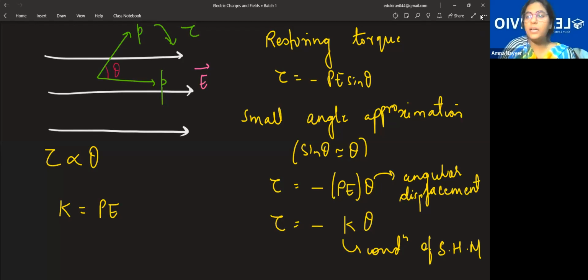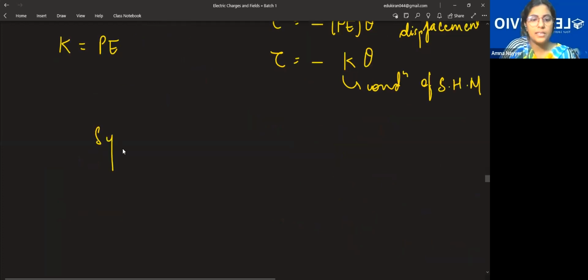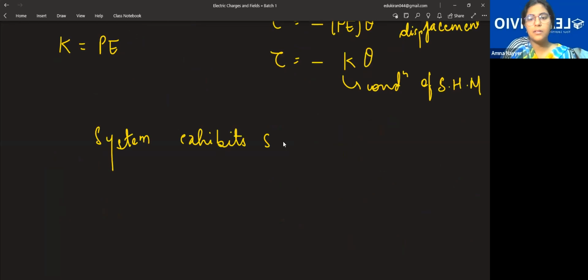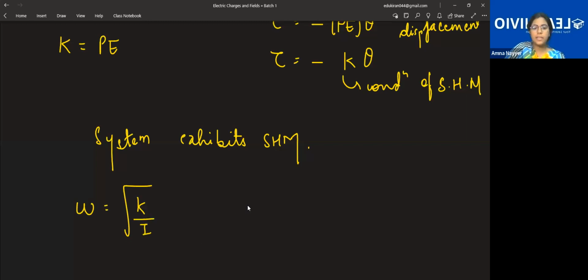Firstly, this is clear that the system exhibits SHM, because torque is equal to minus K theta is being achieved. Now, omega is equal to under root K by I. What is K? Omega will be equal to under root PE divided by I.